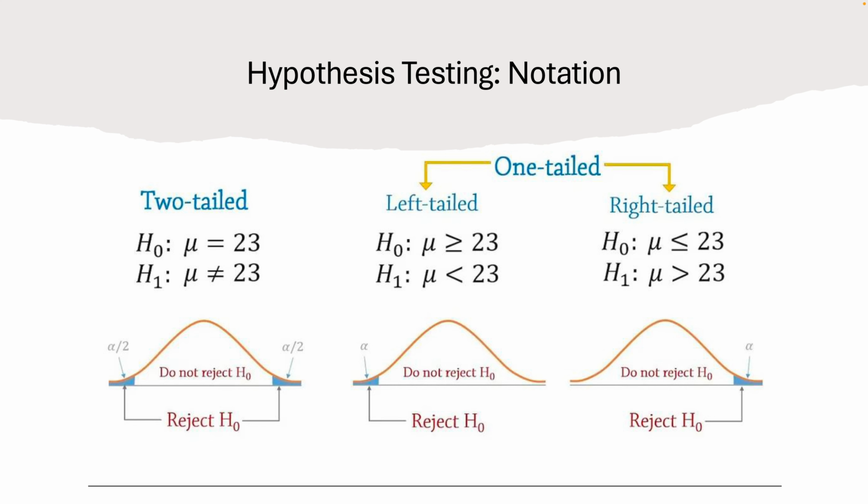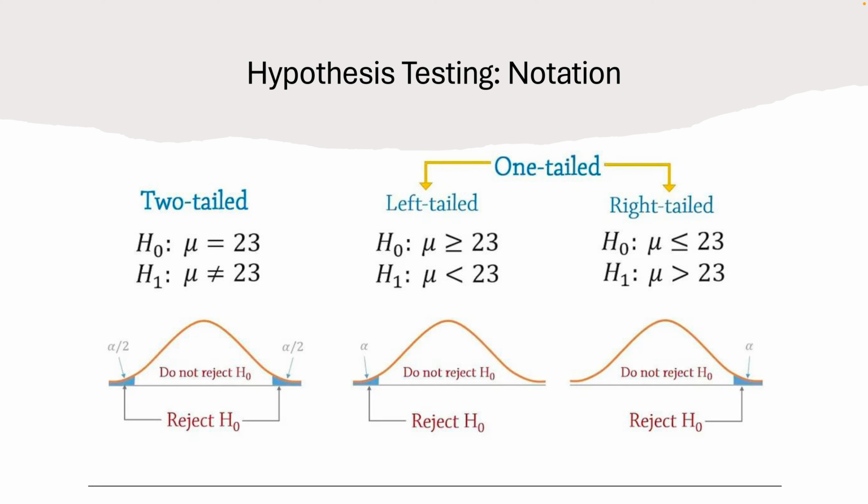When we have a directionality in our proposition, we perform either a left-tailed test or a right-tailed test, and the significance level in the tail alone is considered.